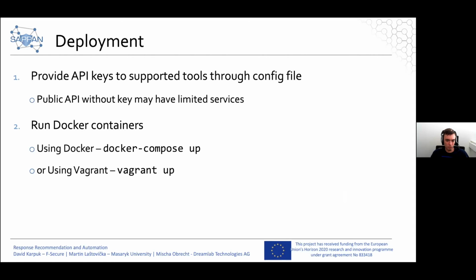Their API keys are usually free, but you can buy some better licensing for more throughput or more queries per second and so on. So just provide the API keys in the config file and run the Docker. And now we can take a look at how the system will look like once deployed.